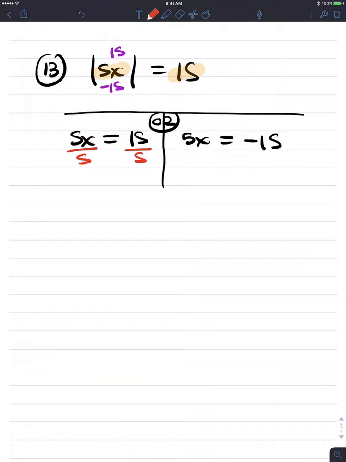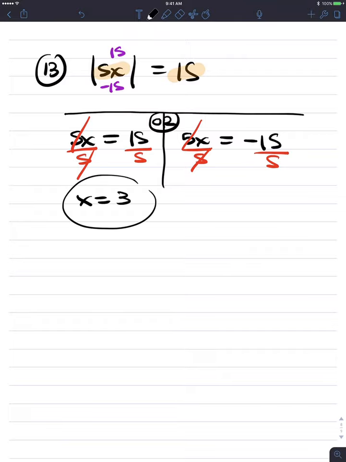Divide both sides by 5 for each equation. Cancellation on the left. I get x is 15 divided by 5, which is positive 3. And I get x is equal to negative 15 divided by 5, which is negative 3. I have two solutions here.